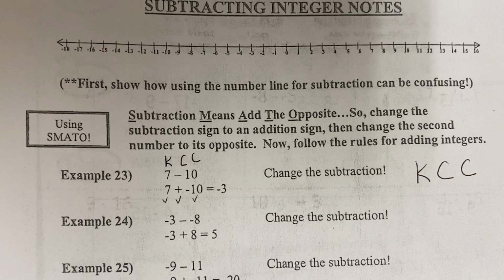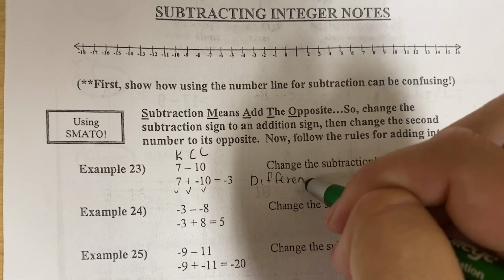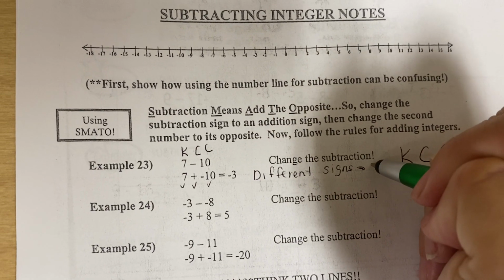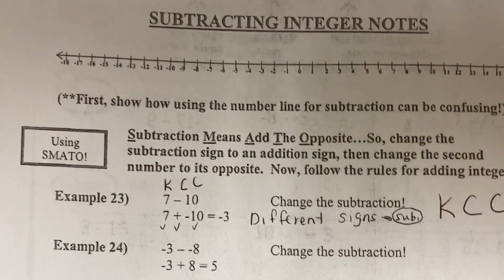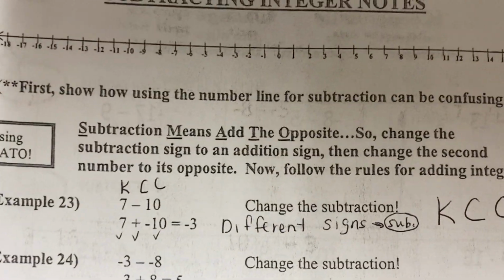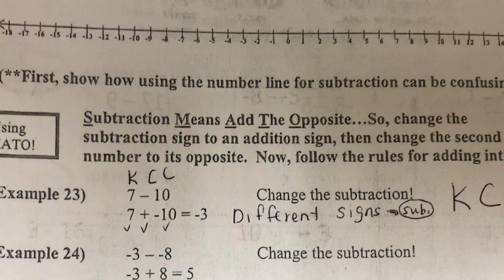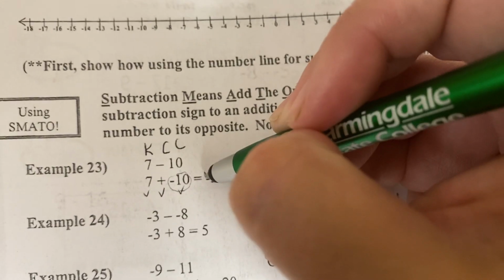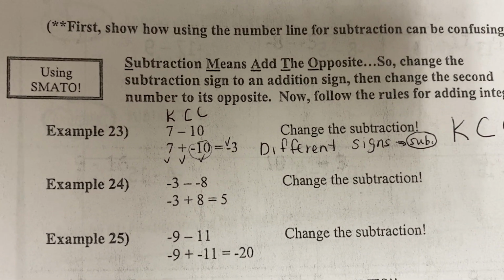Our adding integer rules say when they are different signs, you write "different signs equals sub." I'm going to write sub instead of subtraction, just a little note. So sub means to subtract. 10 minus 7 is 3, and then we circle the larger number, which is the negative, and we get negative 3.